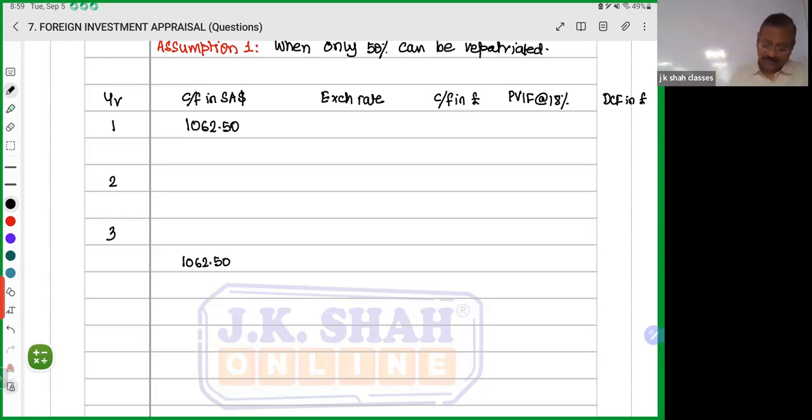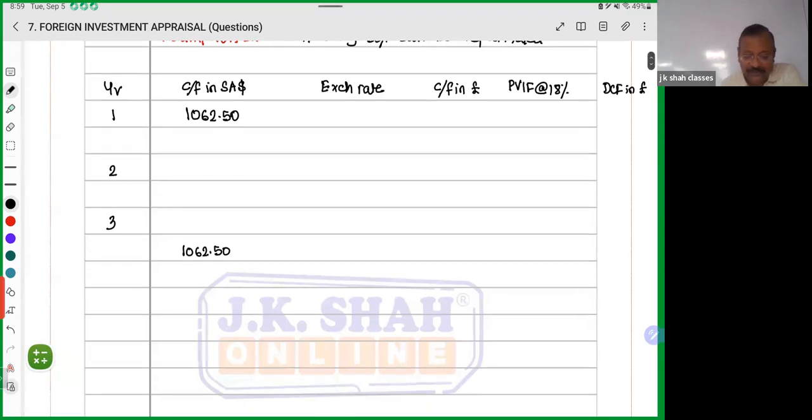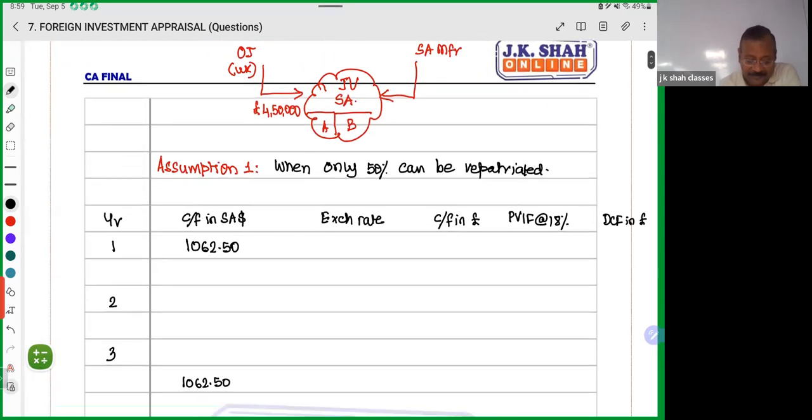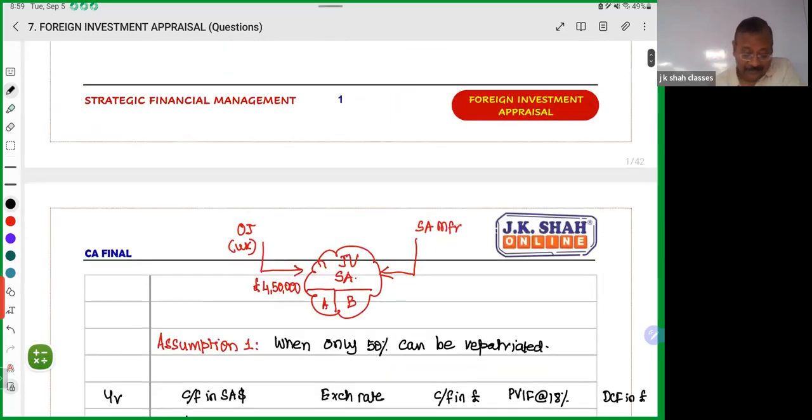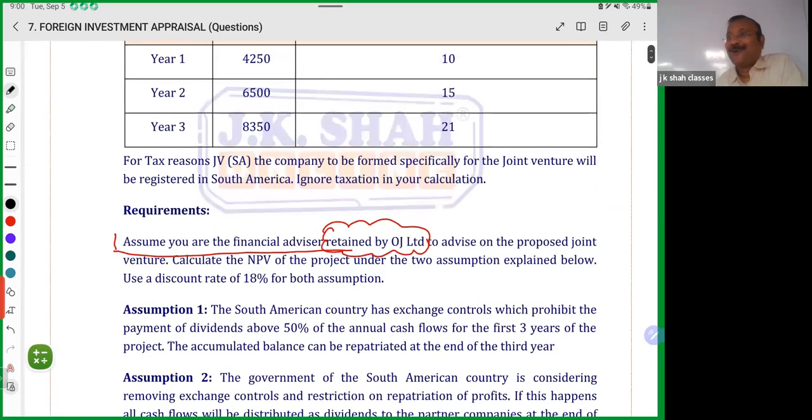Okay. So 1062.5, what will be the cash flow for the next year? 1625. That means you will receive another 1625 at the end of the 3rd year. And what will be the cash flow for the 3rd year? 8350 divided by 2.